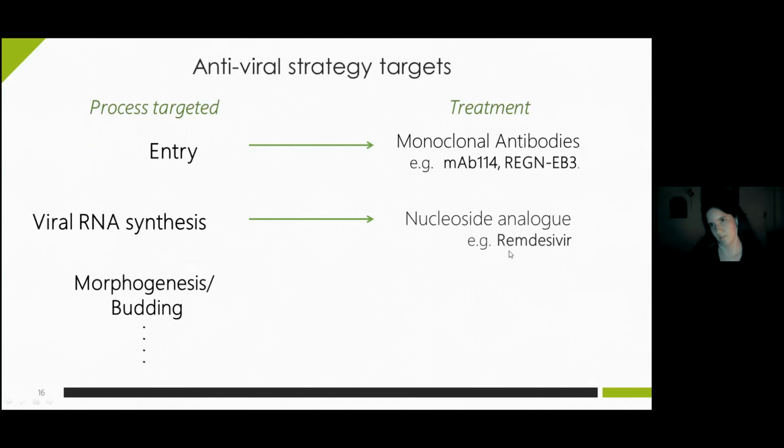Remdesivir was being used, but has now been shown to be less effective than the treatment with monoclonal antibodies. So, for example, it is being looked into as a repurposed drug for COVID-19. And so on, we can hypothetically target various stages of the life cycle with an appropriate molecule.